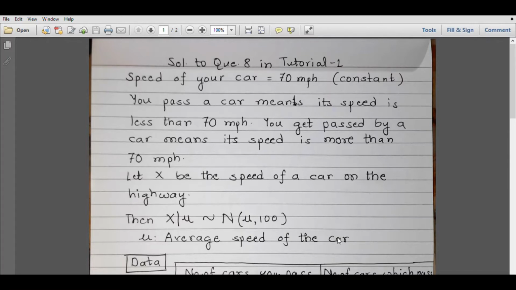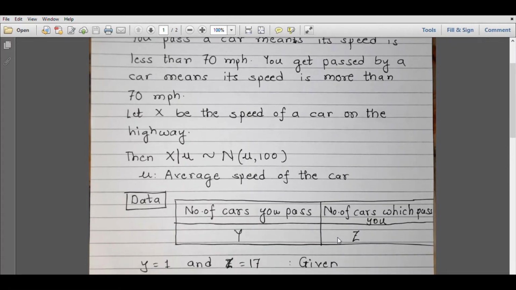So what data do we have? We have data on the number of cars which you pass and the number of cars which pass you. Suppose y is the random variable which represents the number of cars you pass and the other is represented by z. Then it is given that y is 1 and z is 17.